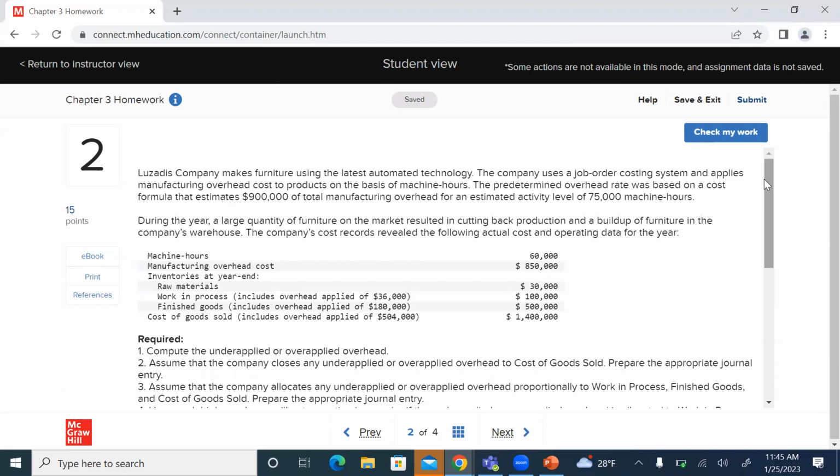During the year, a large quantity of furniture on the market resulted in cutting back production and a buildup of furniture in the company's warehouse. The company's cost records revealed the following actual cost and operating data for the year. So we've got the machine hours, manufacturing overhead costs. We have inventories sitting at year end for the 3 raw materials, work in process, finished goods, and our cost of goods sold.